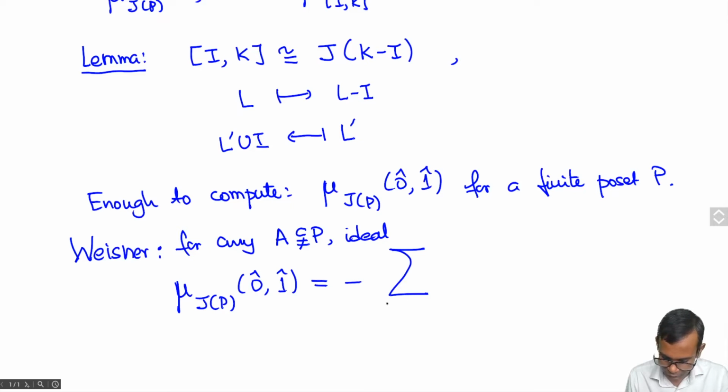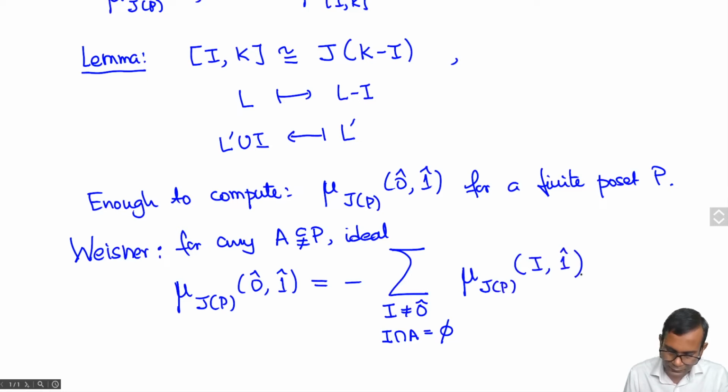Then we have to take here I non-empty order ideals such that I intersect A is empty, of mu Jp I comma 1 hat. So that's the statement of Weisner's theorem adapted to Jp.